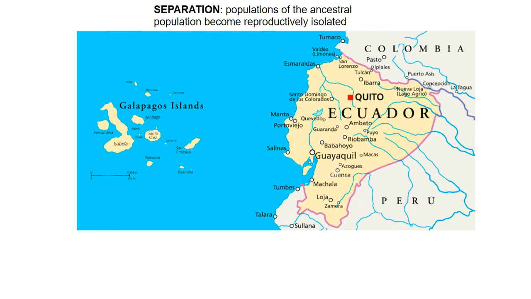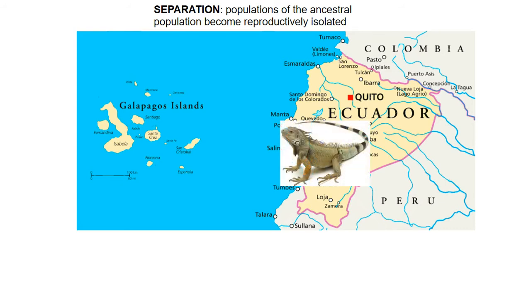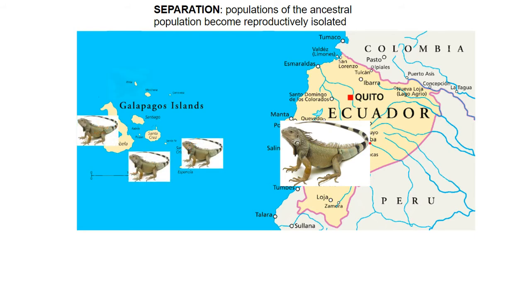Populations of the ancestral population become reproductively isolated. So the first example we're going to look at are the green iguanas, the rainforest iguanas of Ecuador. And somehow they drifted out, somehow they occupied these islands, and this mainland iguana made it out to the different islands of the Galapagos Islands.